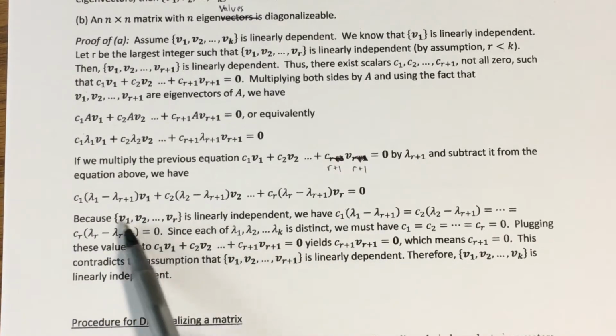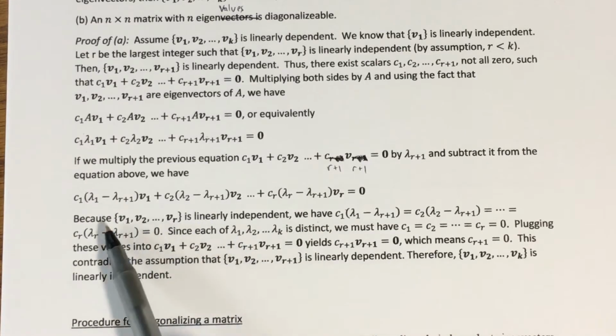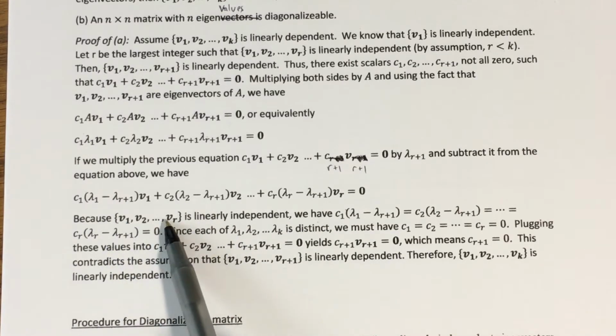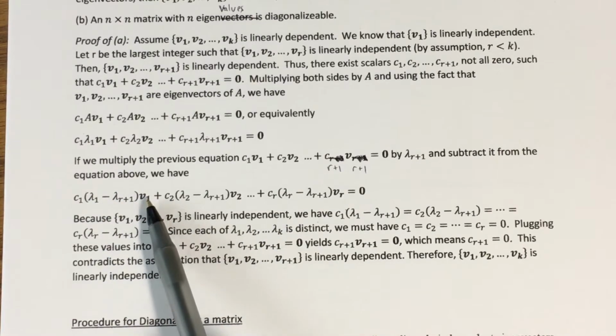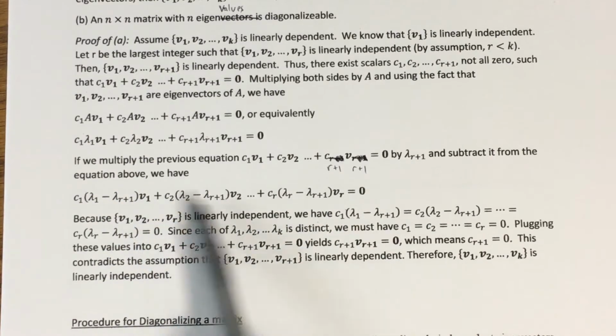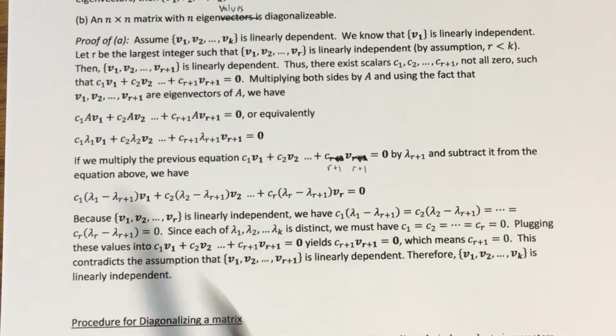So by the assumption that we made about that positive integer r, this set, v1 through vr, is linearly independent. And we have a linear combination of those v1 through vr that's set equal to 0. If it's linearly independent, that means each of these scalars has to equal 0. Okay?